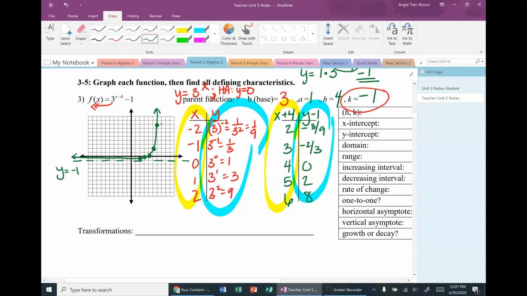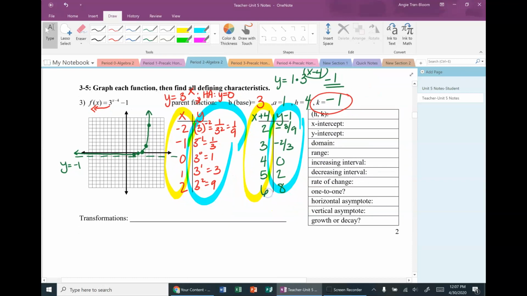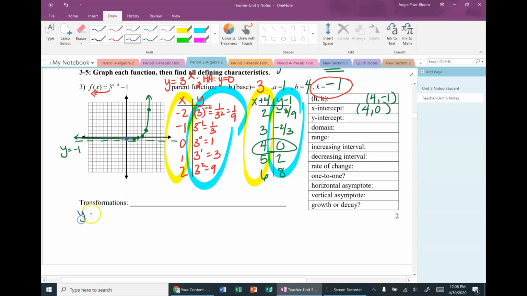All right, let's fill out our chart. Your H and K value, that's 4, -1. X-intercept, when y goes to 0, so that's immediately 4, 0. Y-intercept looks like we do have 1 right there. I can't really eyeball that, so let's work that out really quickly.